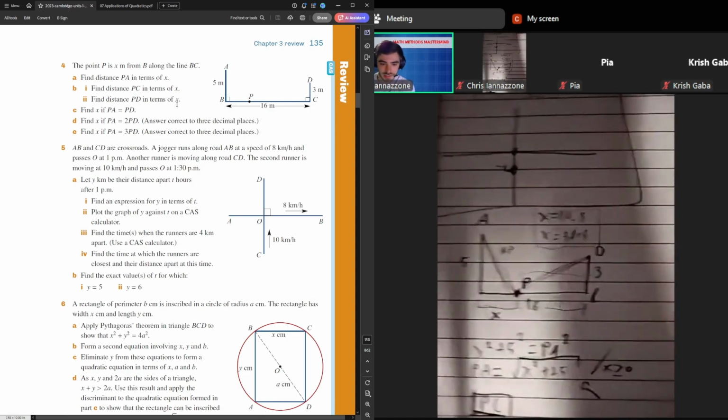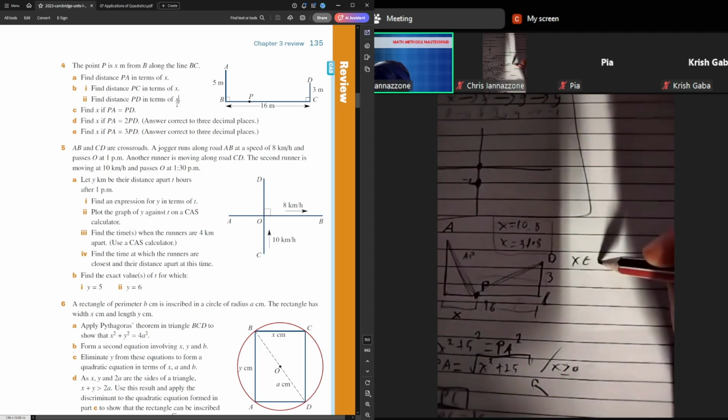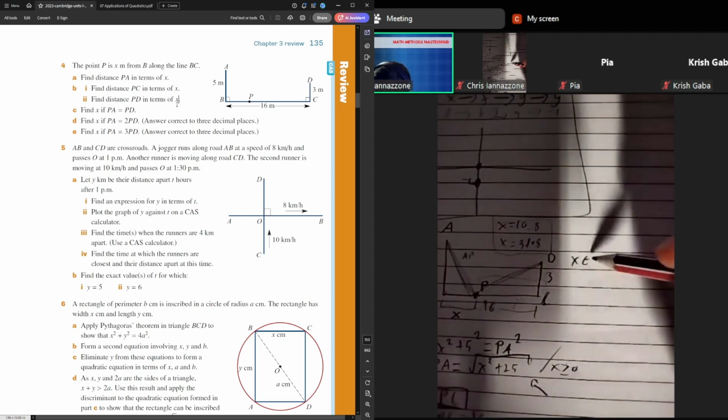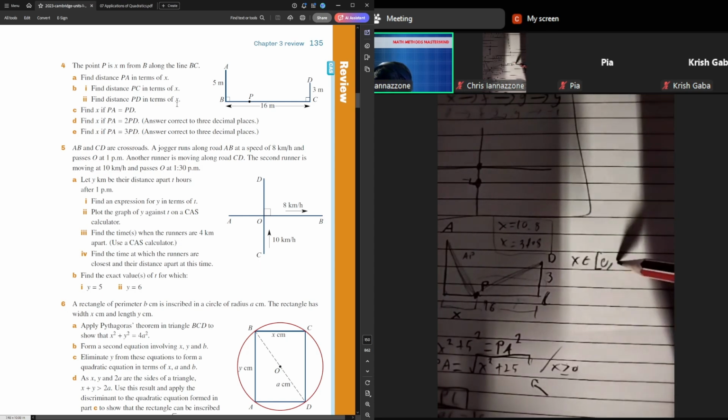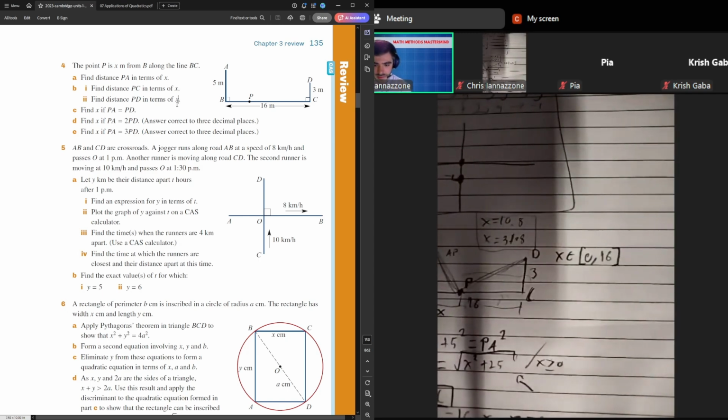So to give you some syntax around that, you would say X is an element of, now does it allow zeros? That's always a bit ambiguous. If it doesn't say, then it can include it. You'd basically say 0 to 16. Yeah, that's the syntax you'd use for that.